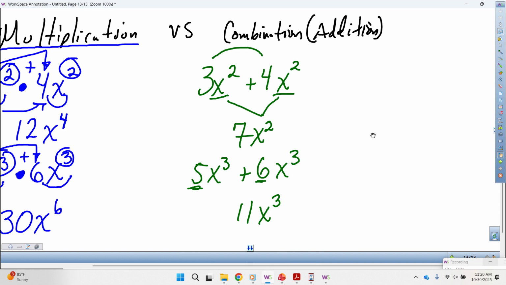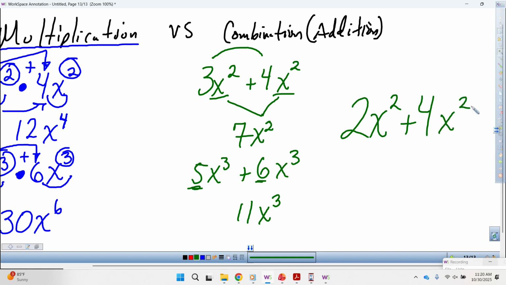Yeah. So now let's clarify addition a little bit more. Look up. What if I did this? And I said, I have 2 cats, and I want to add 4 dogs. Oh, sorry. Dogs are x cubed. Okay. Question. Look up to the screen.